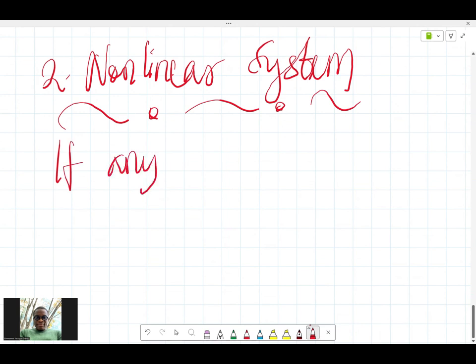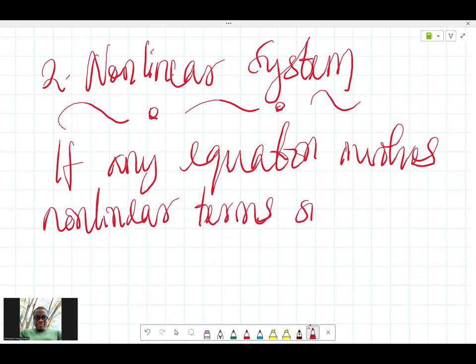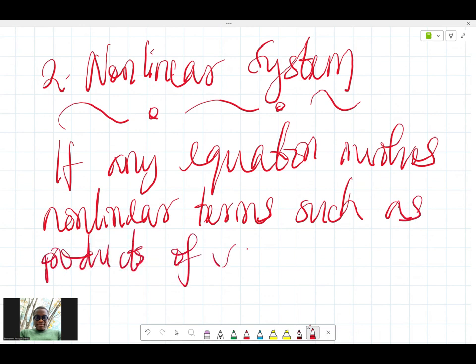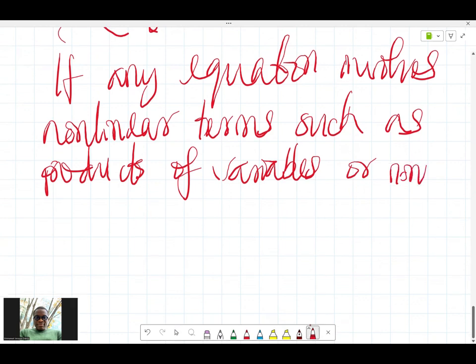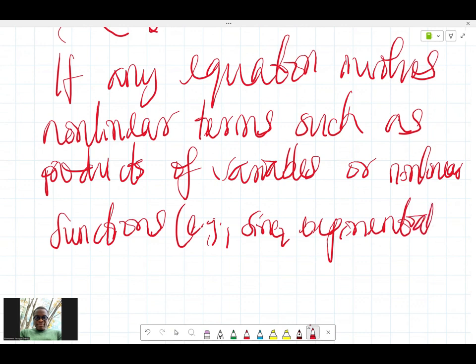So if any equation involves nonlinear terms such as products of variables, or nonlinear functions, for example sine or exponentials, the system is nonlinear.